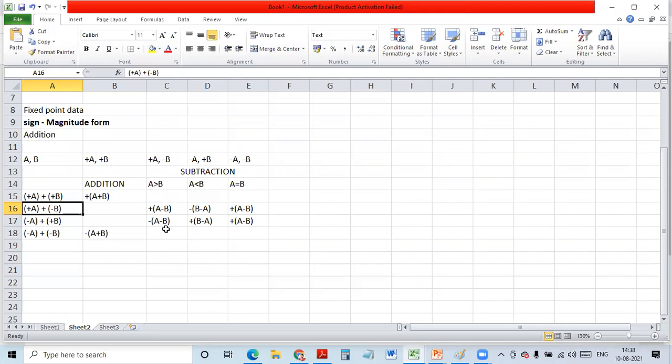And what is the resultant sign? It is equal to the sign of a if a is greater than b, or the sign of b if a is lesser than b. Am I clear in both the cases?